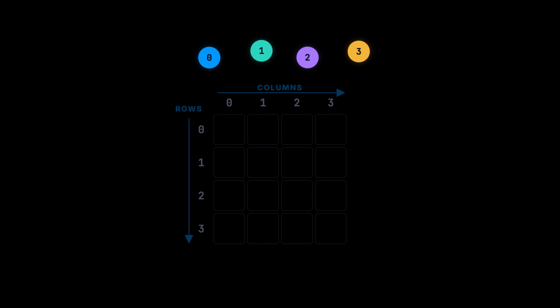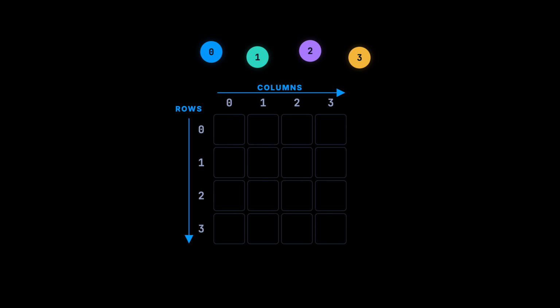Let us build it slowly. Imagine we have 4 friends. Let us call them 0, 1, 2, and 3. Now we draw a grid, 4 rows and 4 columns. The rows are our friends 0, 1, 2, 3 going down, and the columns are the same 4 friends going across.